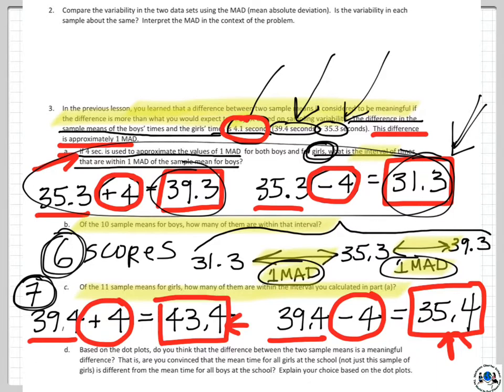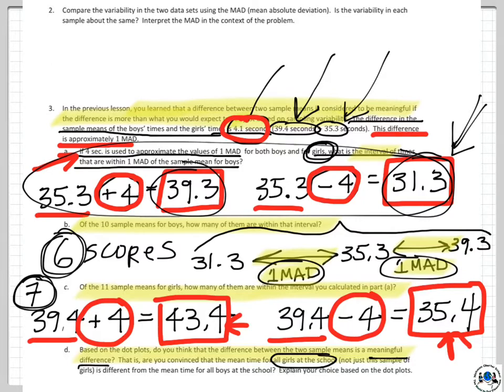Okay, now the big question here, D. Based on the dot plots, do you think the difference between the two sample means is a meaningful difference? That is, are you convinced that the mean time for all girls at the school, not just the girls in the sample, is different from the mean time of all boys at the school?